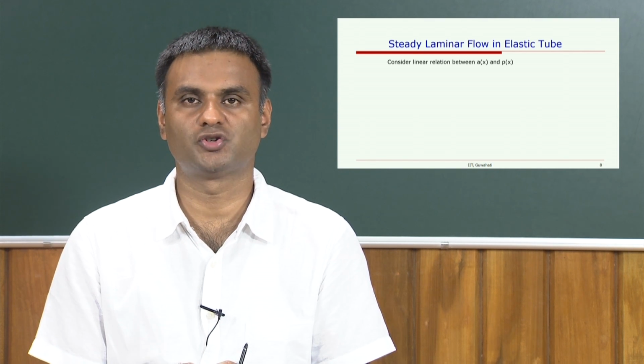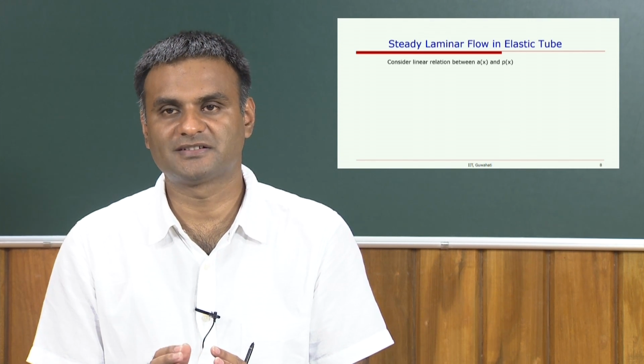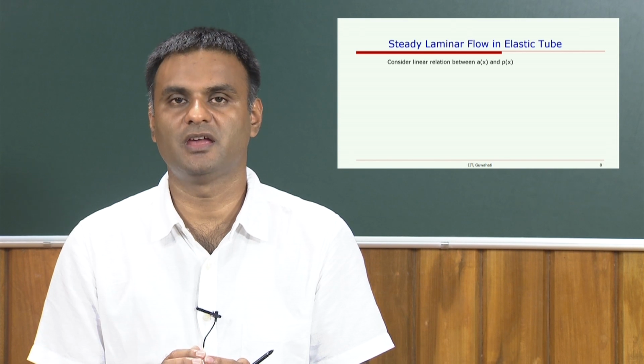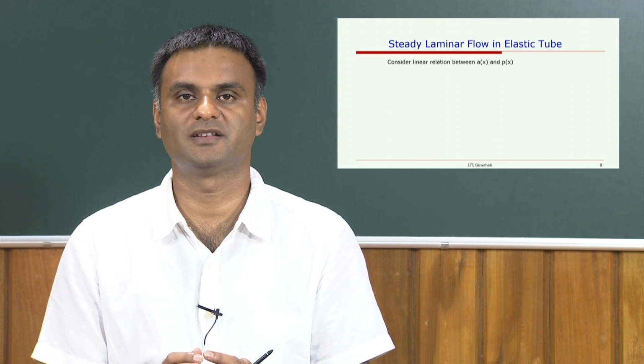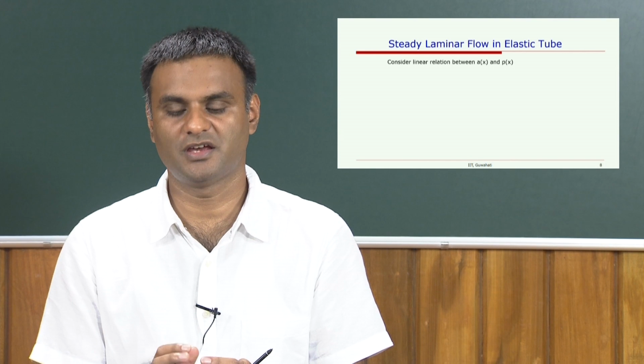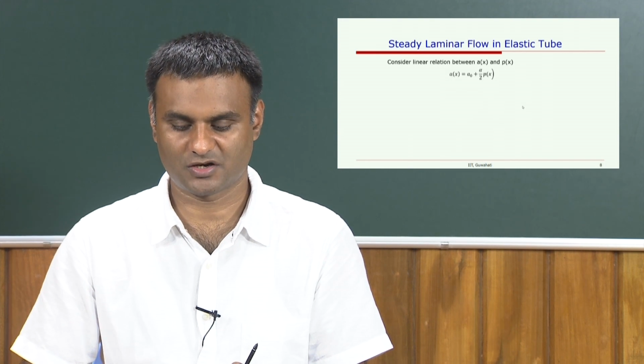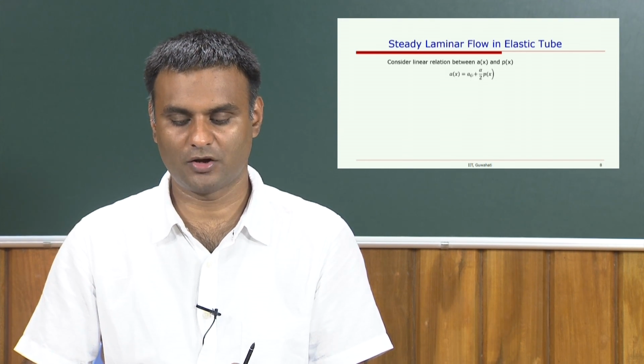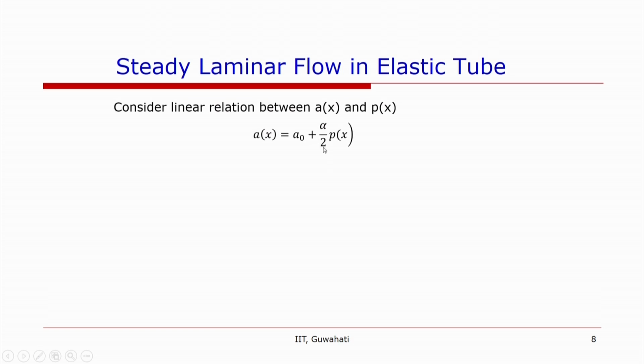We will just assume another relationship between P and A, and this time a simpler relationship which is linear. This form is Ax is equal to A naught plus alpha by 2 Px, where alpha is the compliance coefficient. So we can consider this linear relationship between Ax and Px.